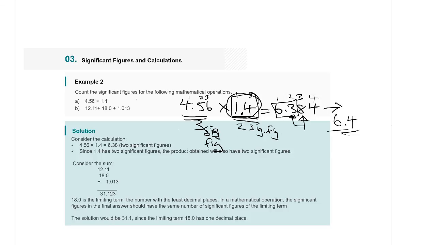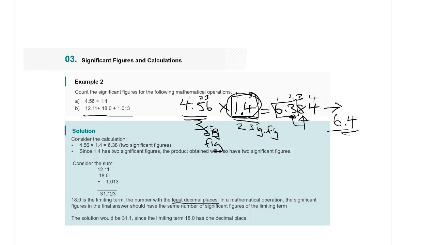All right, so we go back to B. In B, we have 11.11 plus 18 plus 1.013, etc. So we have addition and subtraction. We are going to keep the least decimal place.